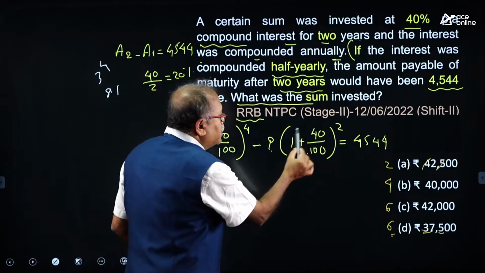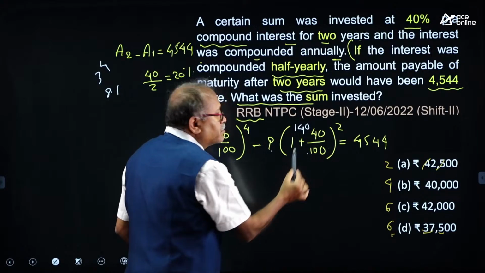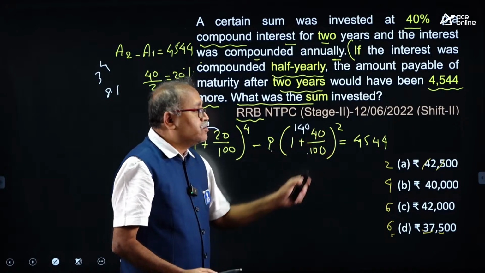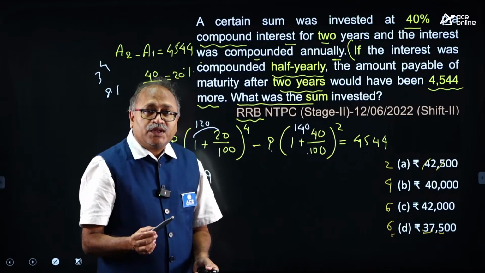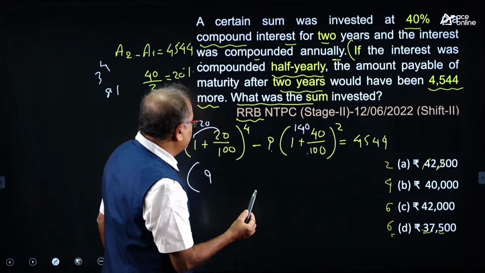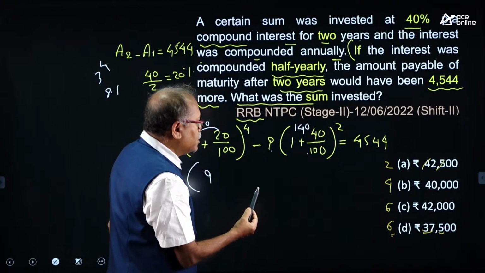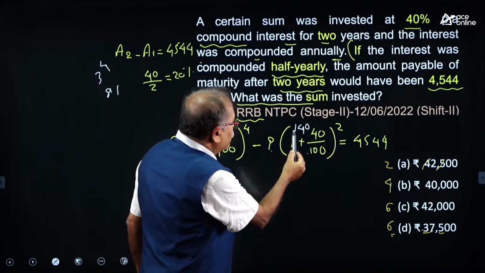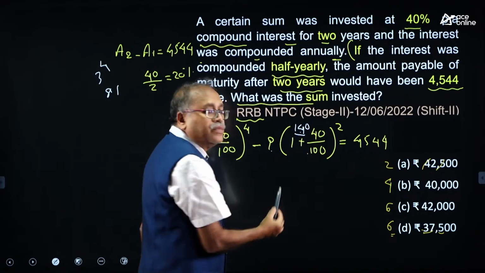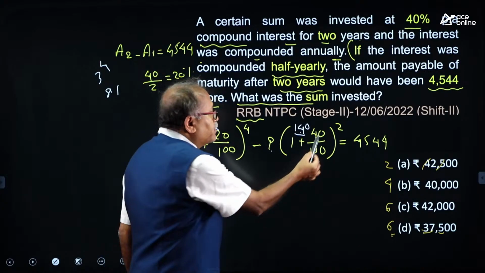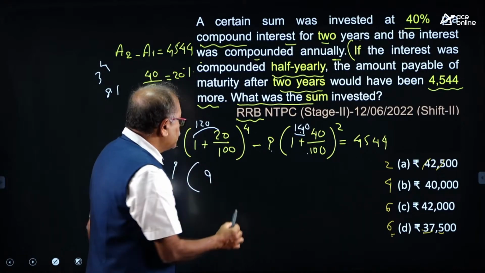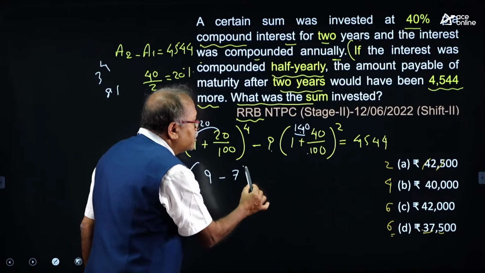Look at this one, 140 here. So, what is 1 plus 4? 5, I am sorry, this is 5. So, 5 to the whole power 2, that is 25, 2 plus 5 is 7. So, I am getting here 7.